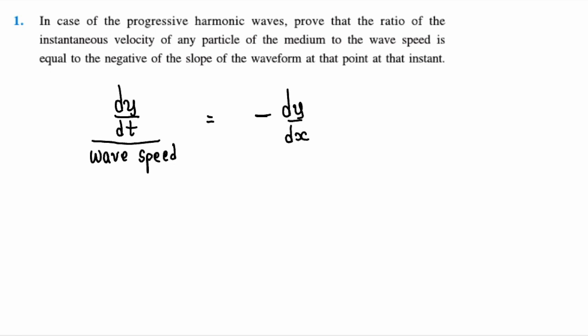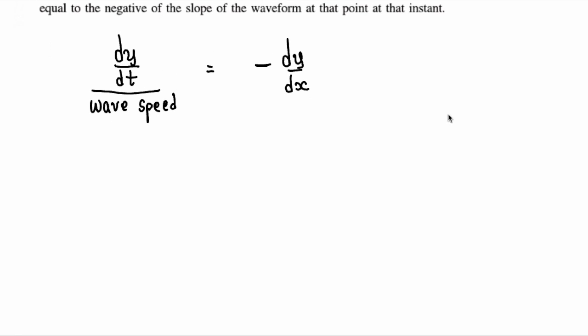That we are going to prove. For this, we need to find dy by dt first, then we will take the ratio with wave speed. For that we have the equation y = a sin(omega t minus kx).